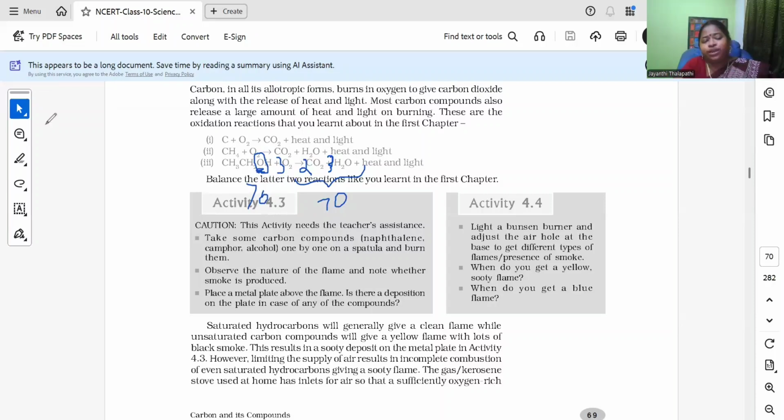In the same way, in the presence of insufficient oxygen also, you have to balance in the same way. Let me show one equation. Methane on incomplete combustion leads to carbon monoxide and water. Balance 1 carbon, 1 carbon, and 4 hydrogen, so make water 4 hydrogen. Now count the oxygen in the product side.